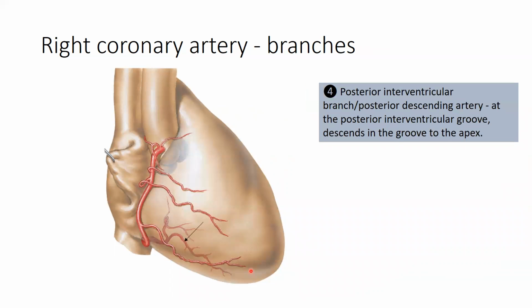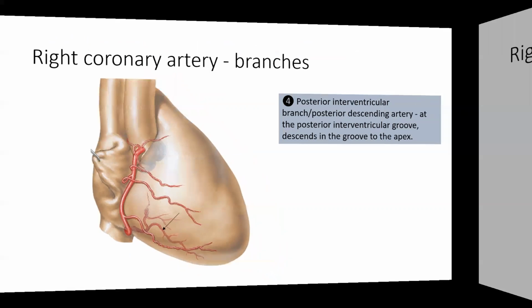The posterior interventricular branch, also known as the posterior descending artery, descends in the posterior interventricular groove to the apex. So it is actually supplying the interventricular septum and the posterior part of the heart.